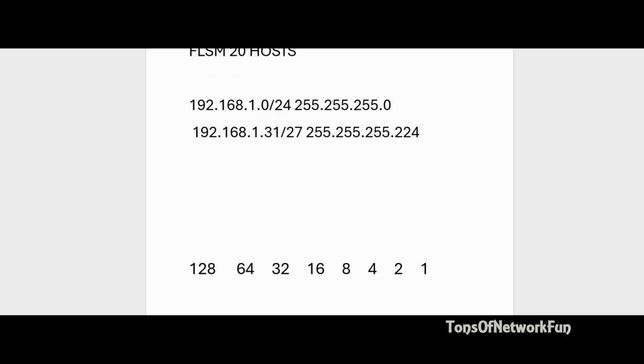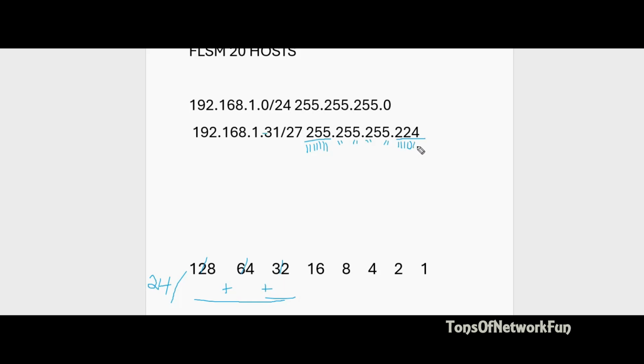Let me also show you this. We have 8 ones here just like before, nothing changing there. 8 ones here, the same 8 ones here. But here it is no longer 8 ones. We have only the first 3 we borrowed: 1, 1, 1, and the rest are 0.